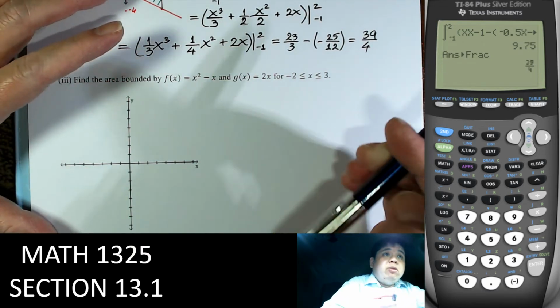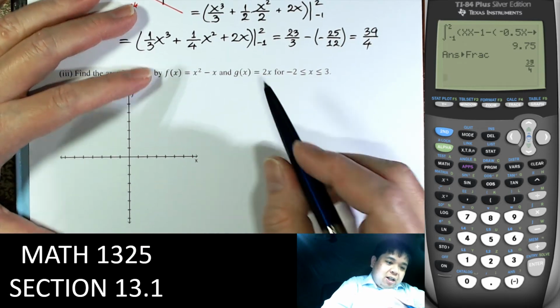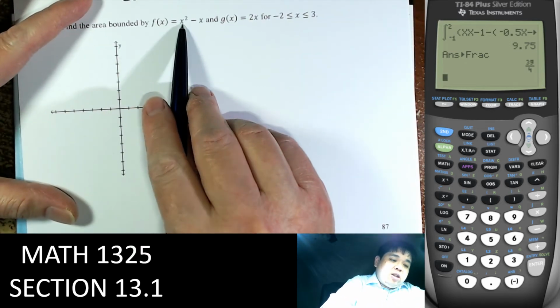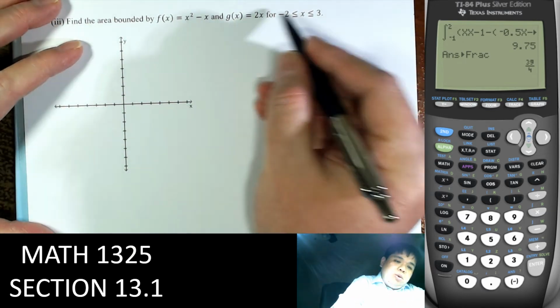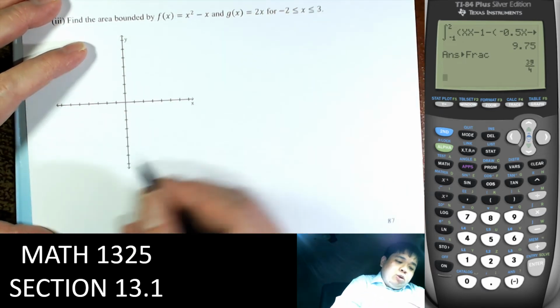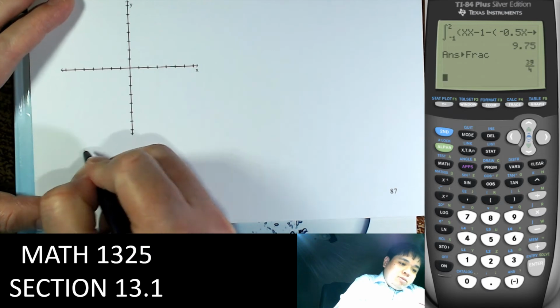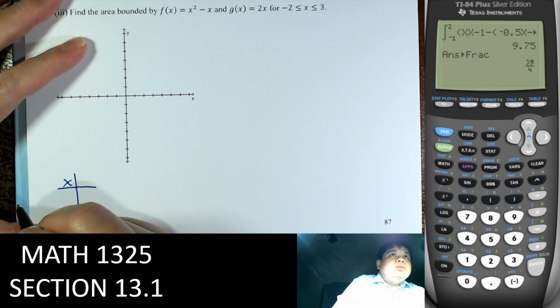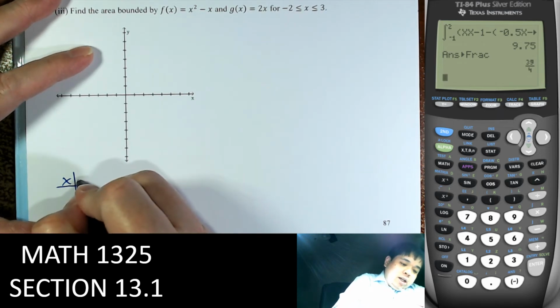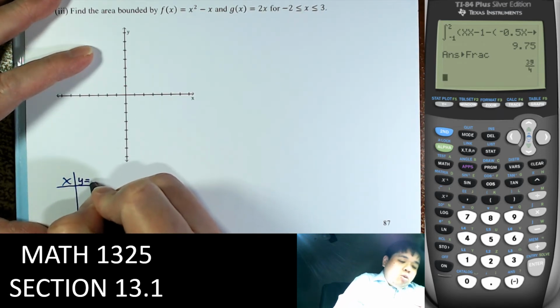Of course we make a table like that. x squared minus x is going to be a parabola, and 2x is going to be a straight line, from -2 to 3. So make a table. Let's do x squared minus x.